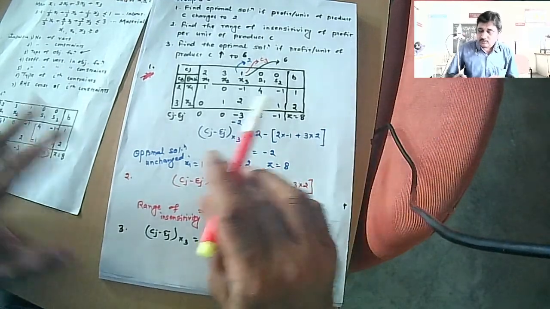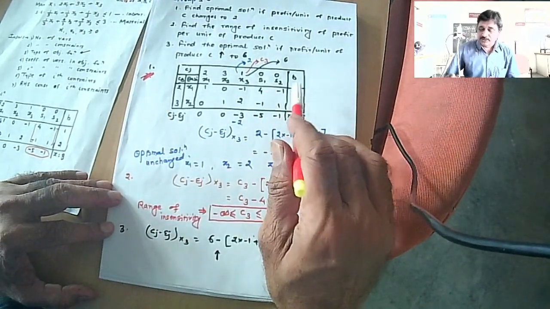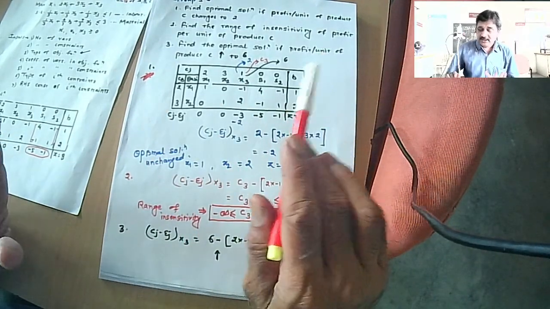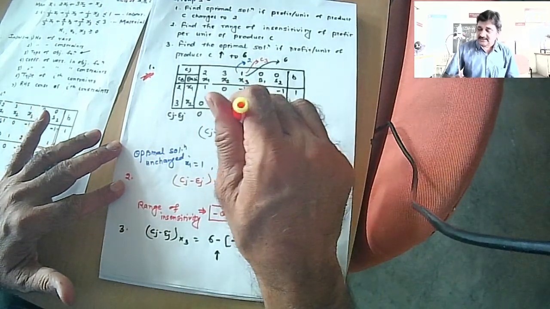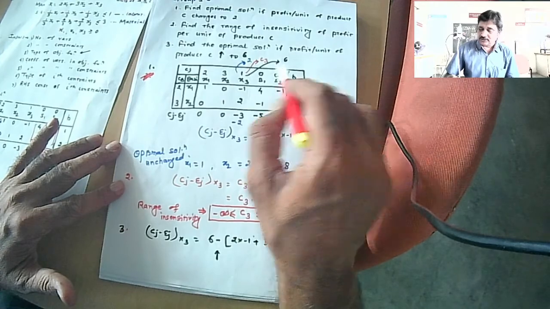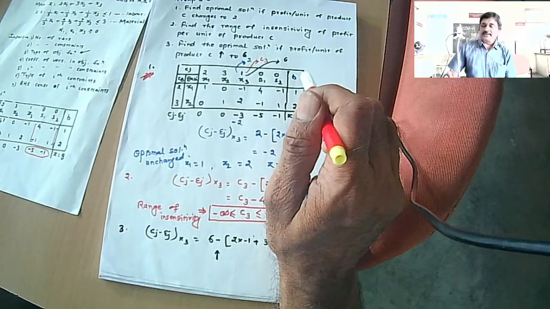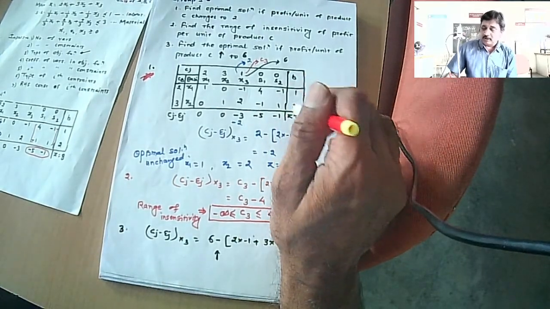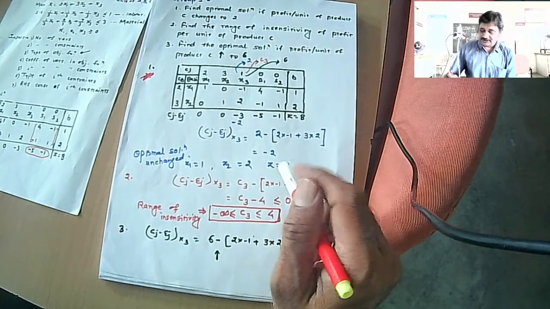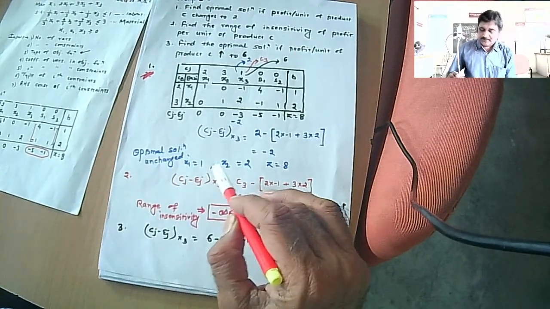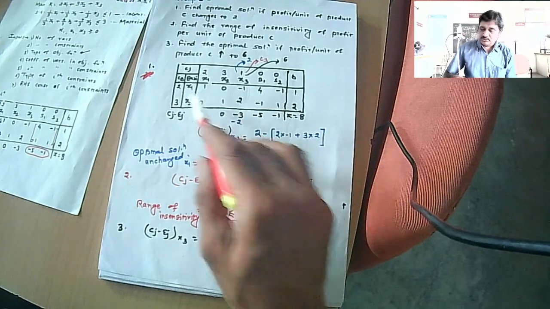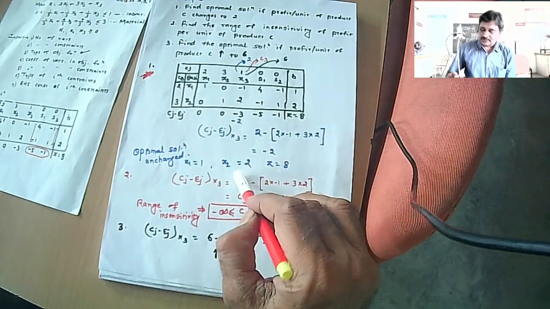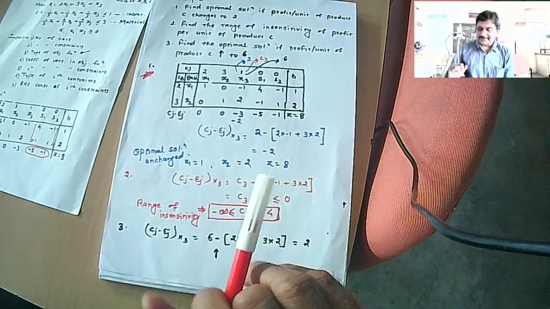It is negative, which means my solution is still optimal, because as long as Cj minus Zj is less than or equal to 0 for all variables, and all values of the B column are positive, your solution is optimal. Therefore, your solution is x1 equal to 1, x2 equal to 2, and z is equal to 8. That's it.